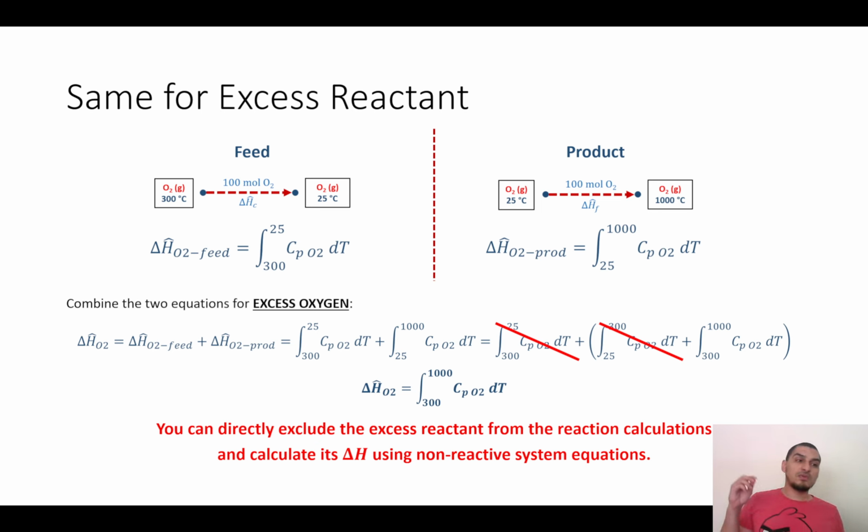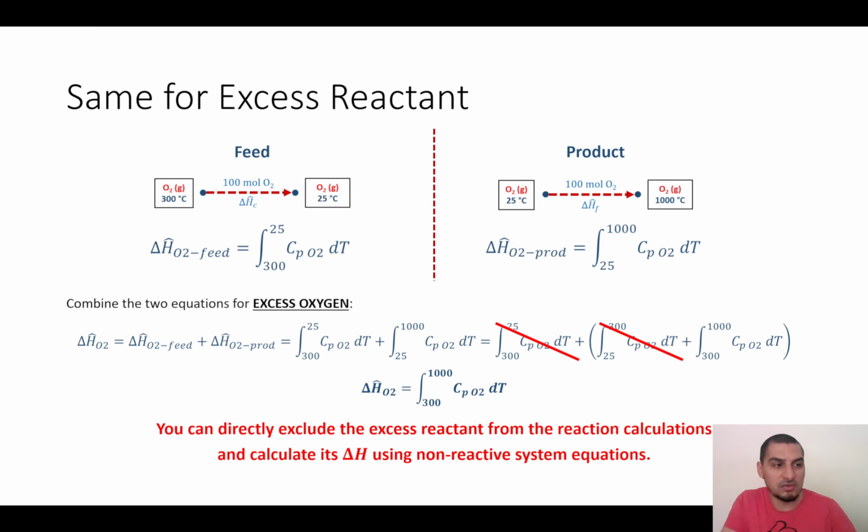If you are sure that you can do the calculations without messing up the numbers, multiplying this delta H with the wrong number. For example, in this case, you have to make sure that you multiply this delta H by 100, not 600. So you have three numbers for oxygen: you have 500, you have 100, and you have 600.